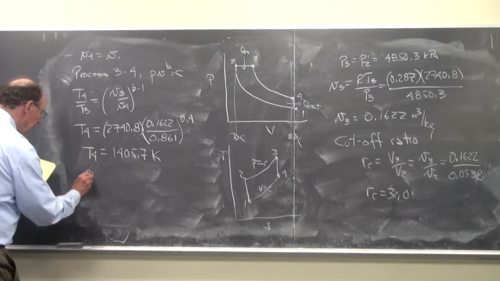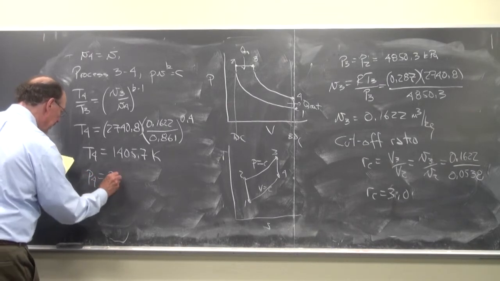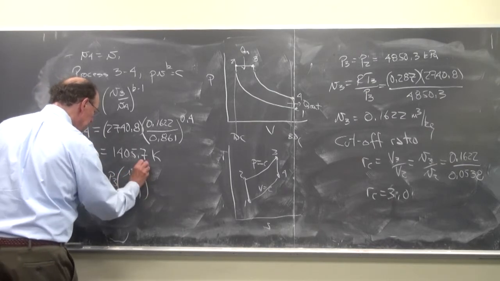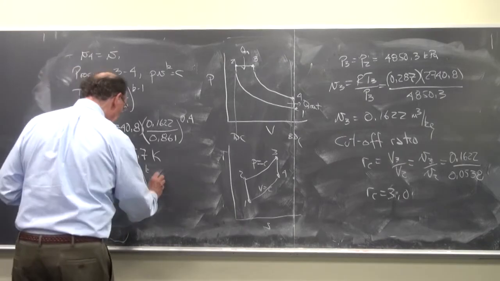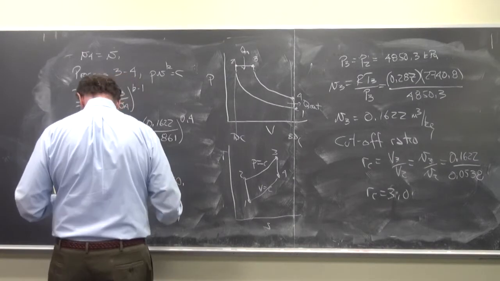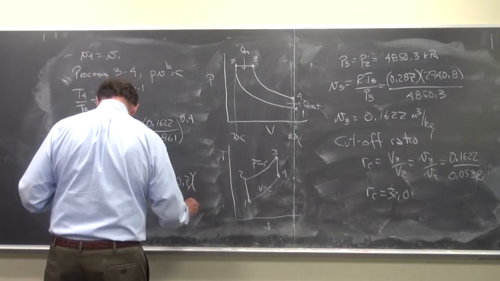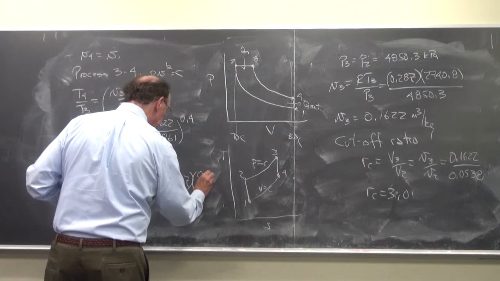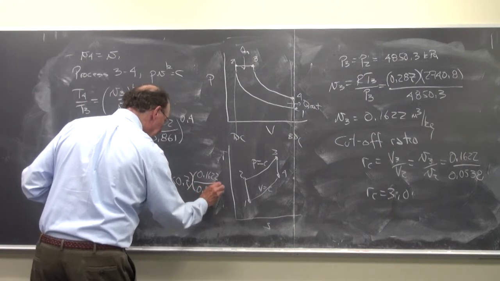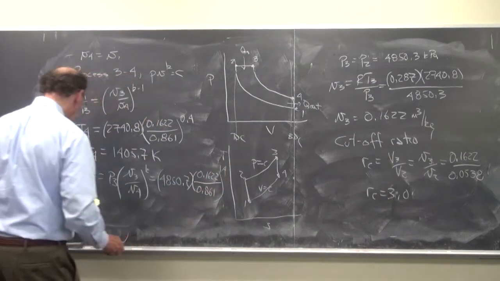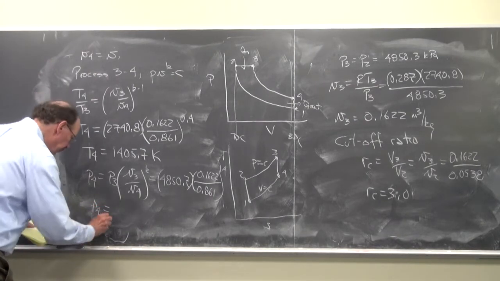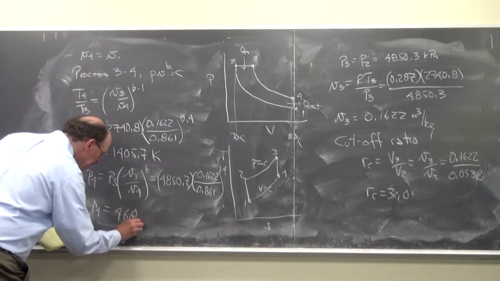So P4 is equal to P3 times V3 over V4 to the K, is equal to 4850.7 times 0.1622 over 0.861 to the K, 1.4. So I get that P4 is equal to 468.6 kPa.